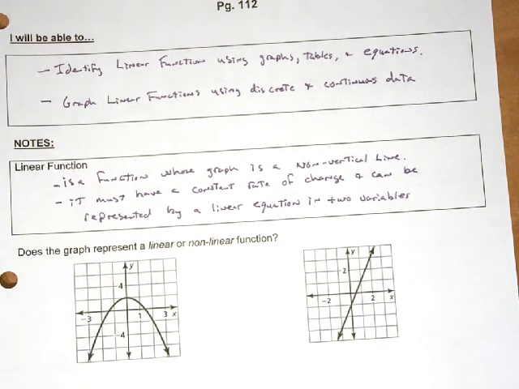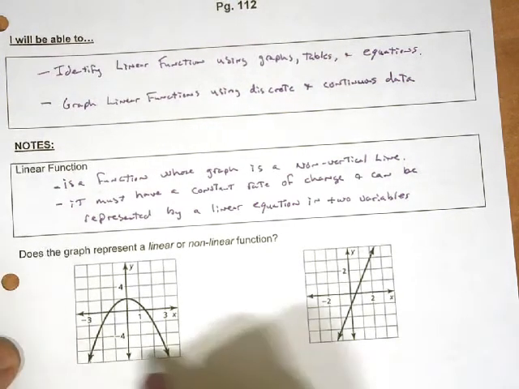So if we're just looking at the two graphs here, obviously we notice a huge difference. One has a giant curve in it, and one has a nice straight actual line. So if your function is linear, it has to be a straight line.